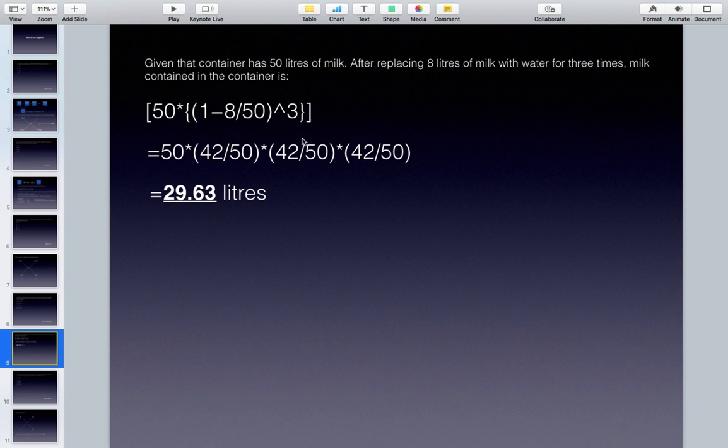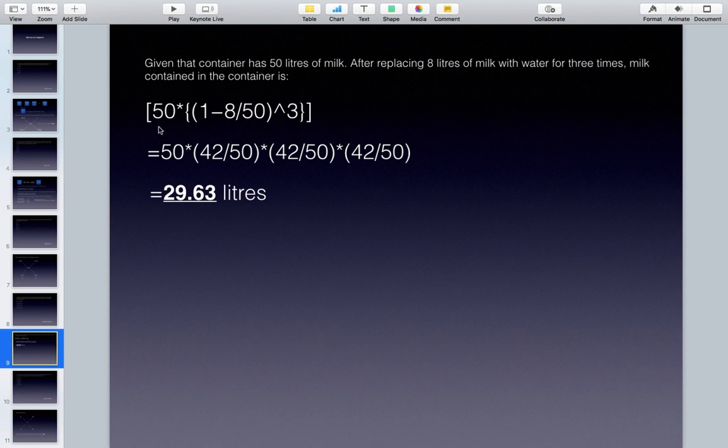This is the equation, how we will approach these kinds of questions. We have to understand this equation. So what does this equation mean?